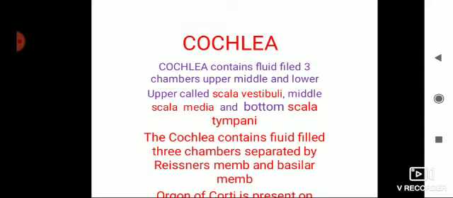Cochlea. I told you that cochlea is the part of the labyrinth.